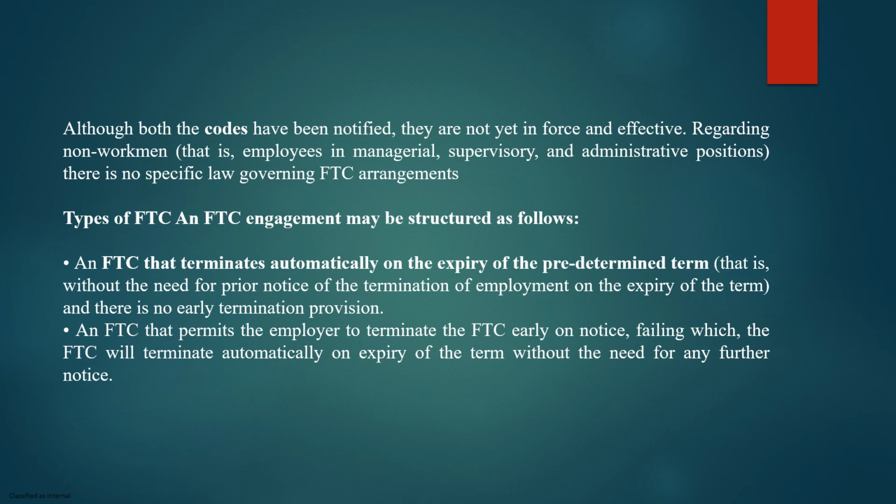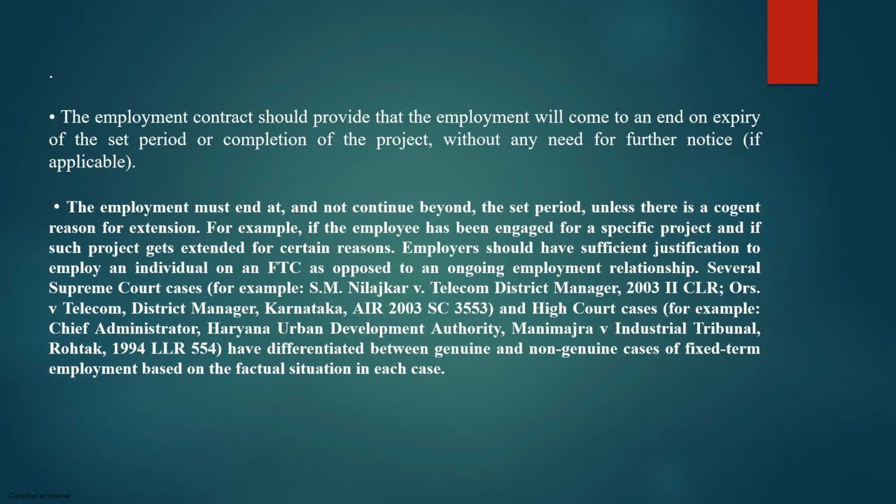So there are two types at the time of termination of employment under fixed term. The fixed term employment must come to an end and not continue beyond the set period unless there is a proper reason for extension.